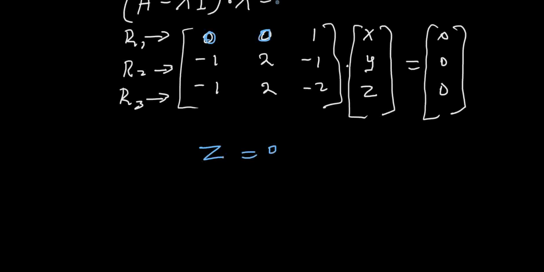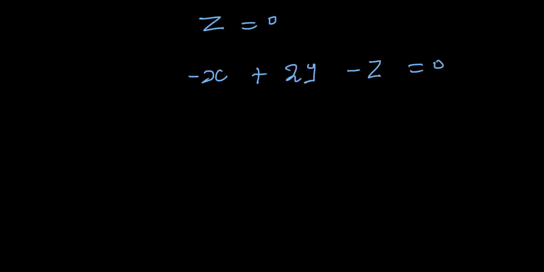To find x and y, we can either use row 2 or row 3. So now we can pick row 2, and the coefficient of x is negative 1. That means we have negative x plus 2y minus z equals 0. Since z is equal to 0, we have negative x plus 2y equals 0.